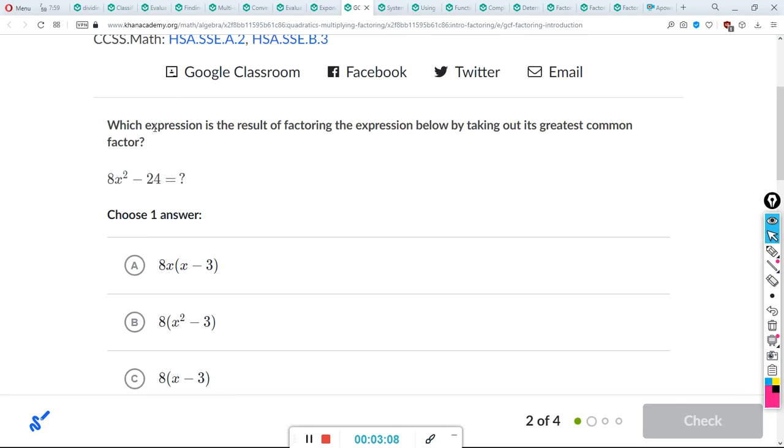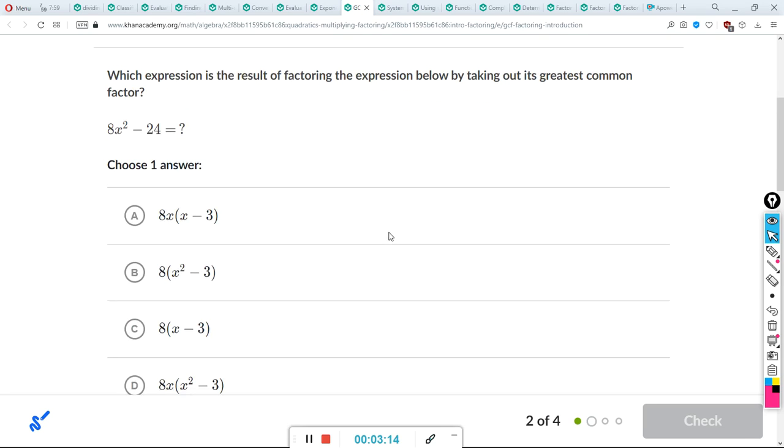Which expression is the result of factoring the expression below by taking out its greatest common factor? We have 8x squared minus 24. Between 8 and 24, the greatest common factor is 8, right?